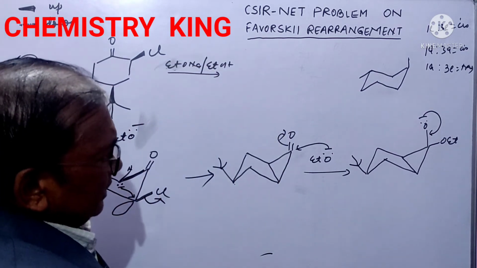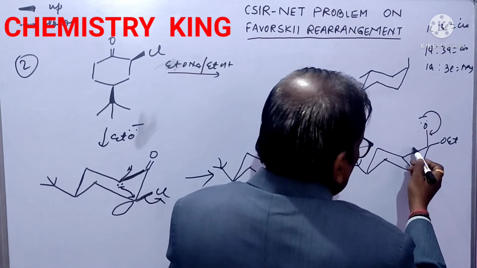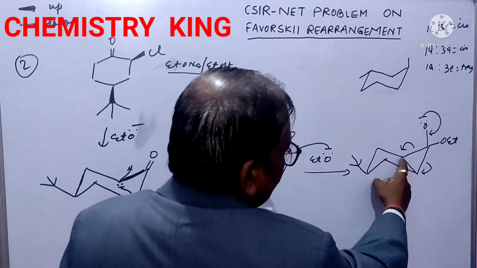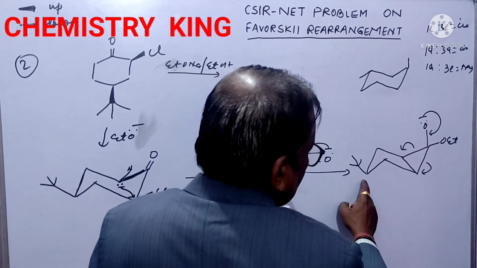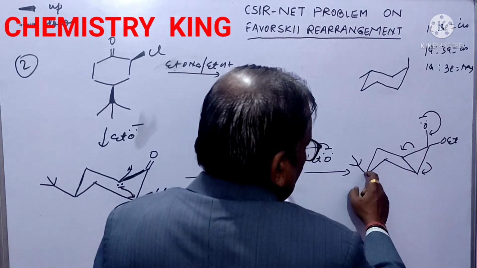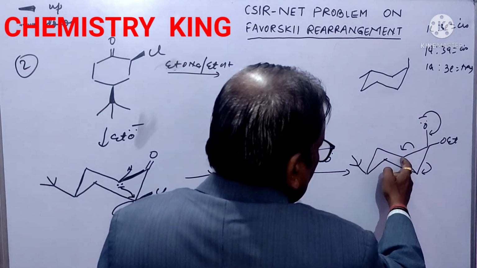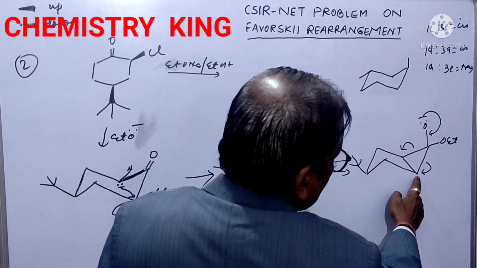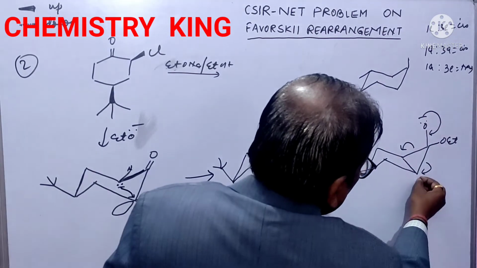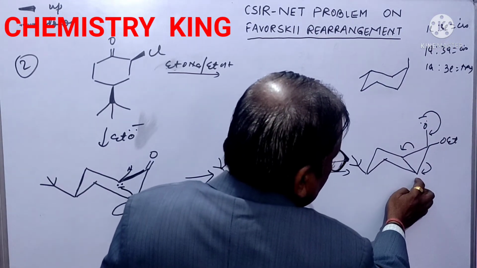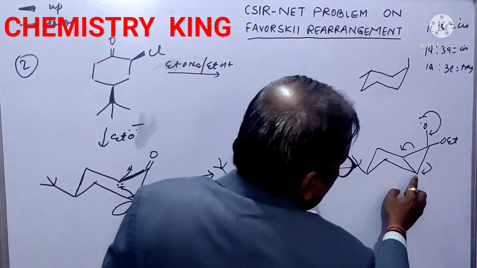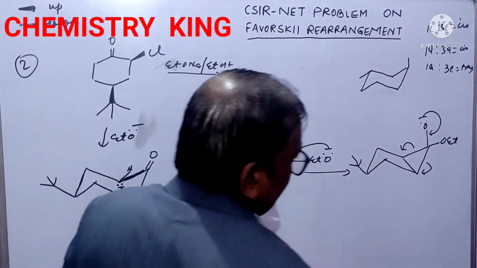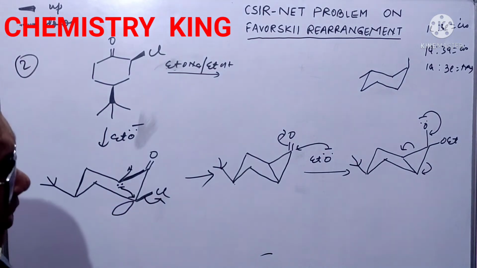Then the question arises whether this bond will break or this bond will break. If the minus charge will be here, the tertiary butyl will be in 1, 3 position, and the ester group will be here. If the minus charge will be here, the ester group will be here, and it has a 1, 3 relation with the tertiary butyl.